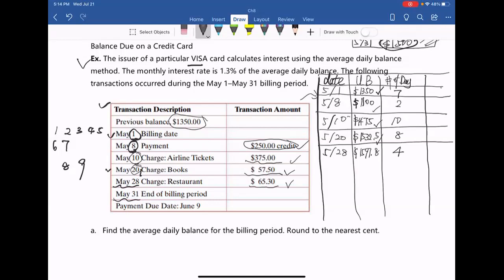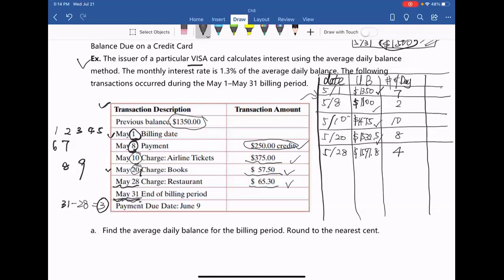So May 31st is included because this is the last day of the billing period. So some students ask me why you don't use 31 subtract 28. We have 3 days because when we do this, May 31st is excluded.